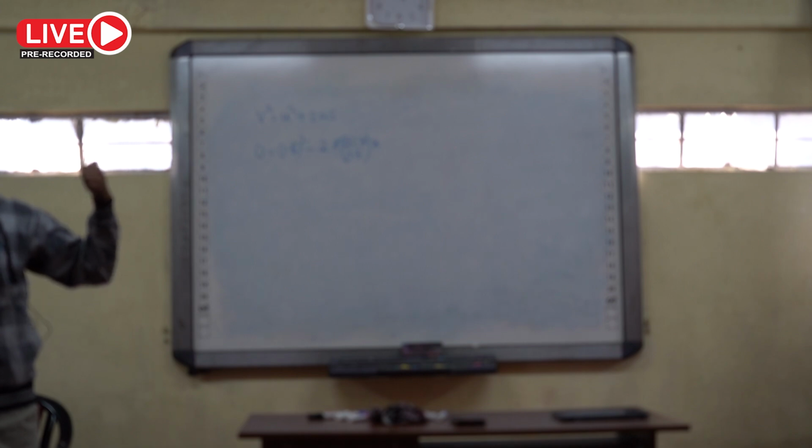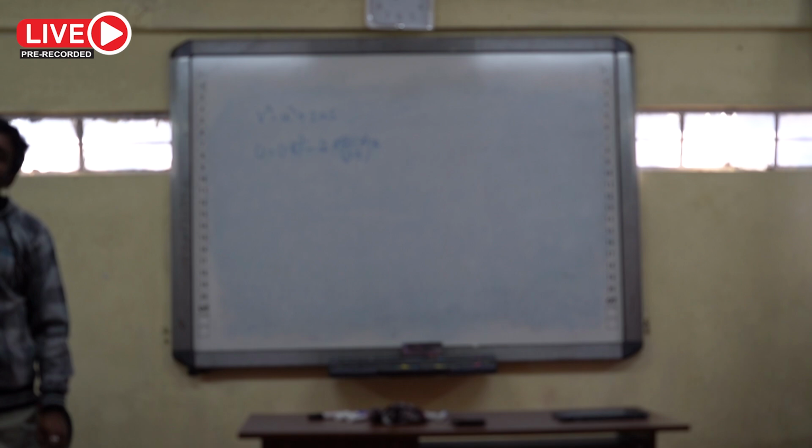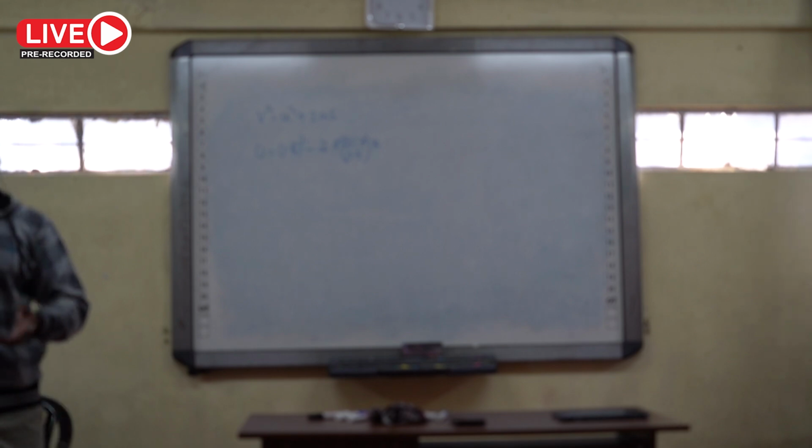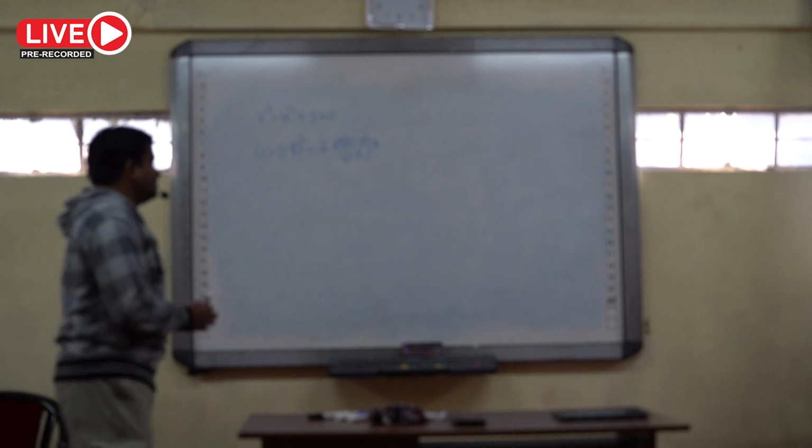Because this acceleration is minus kx by m. Since x is present, it is a variable. So the other option is to use the conservation of energy. Conservation of energy you can always use, whether acceleration is constant, variable, or anything. Clear?